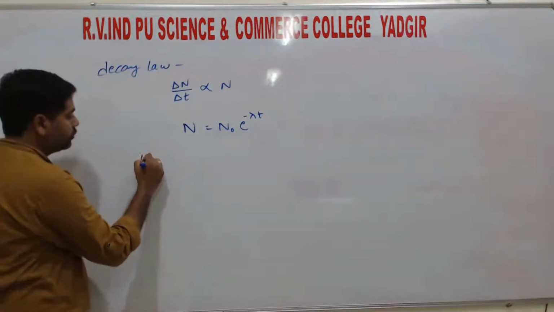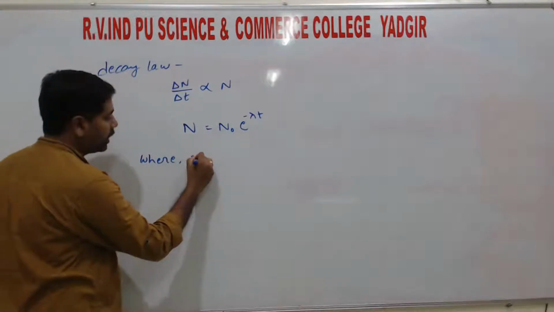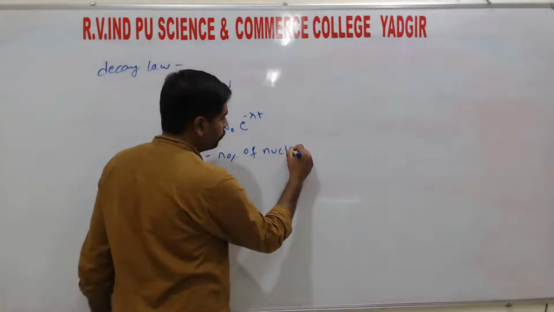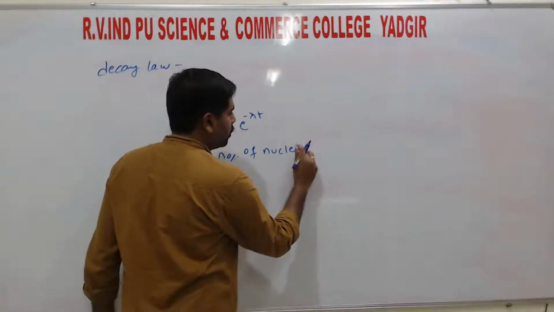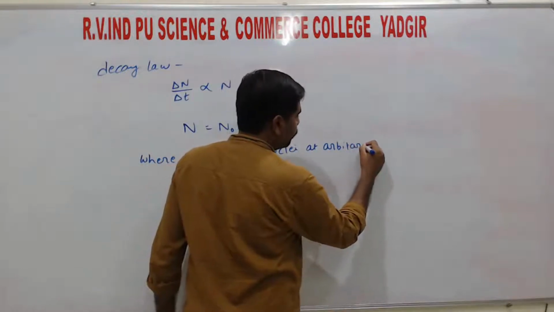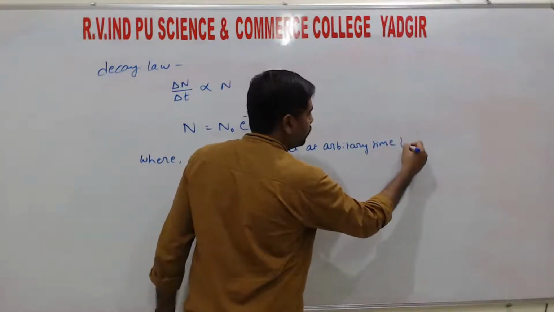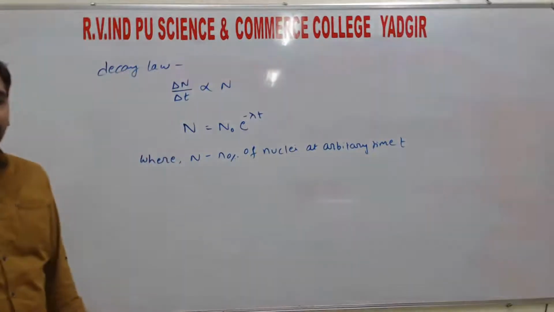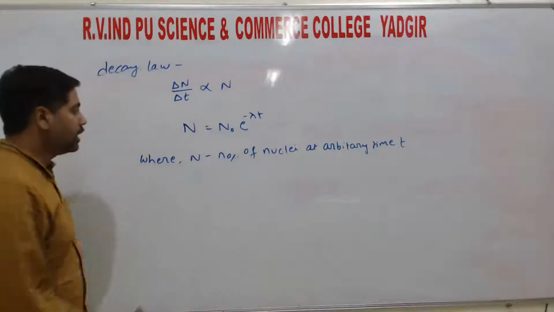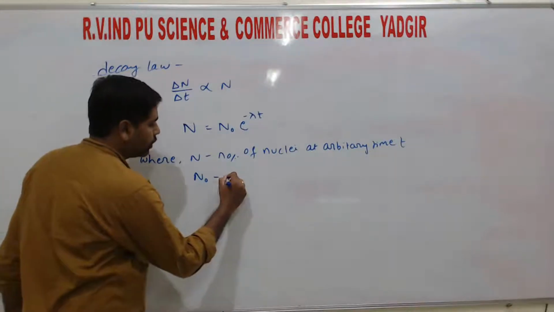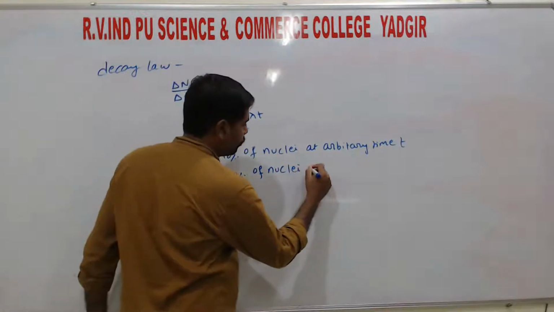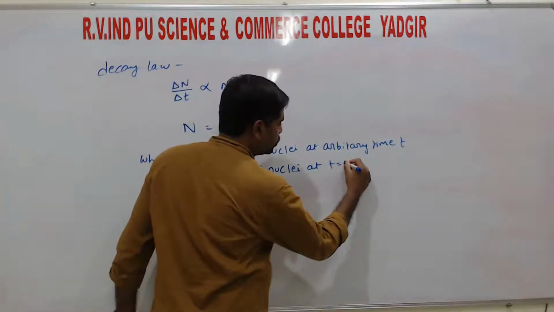Where N is the number of nuclei at arbitrary time t, and N naught is the number of nuclei at t equals 0.